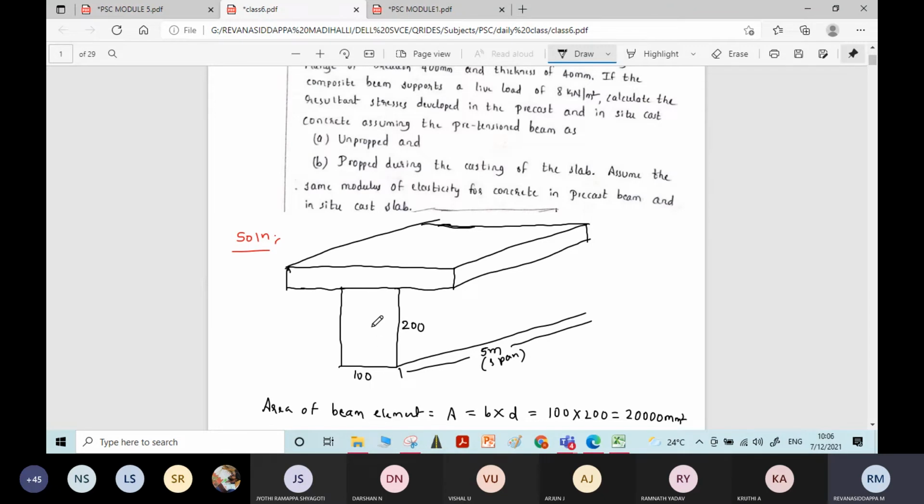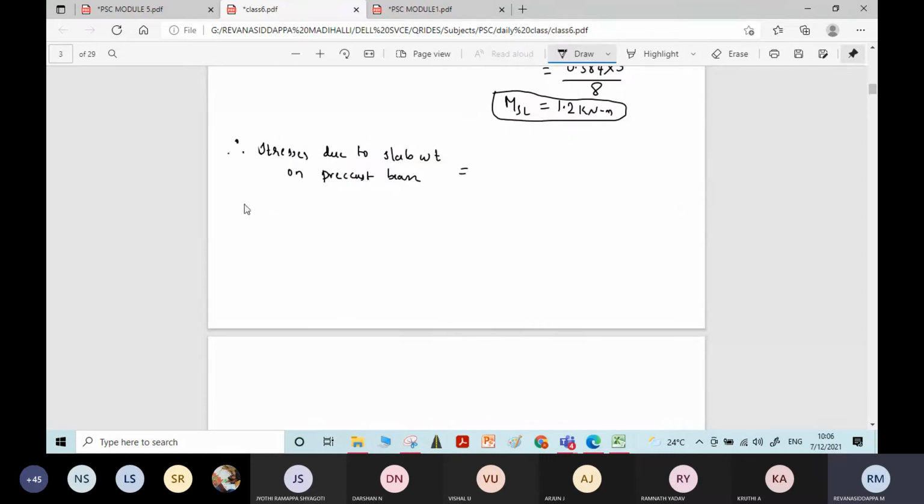So over the beam, the slab weight is taken as dead load on the beam. Okay, over the beam, let me write a small figure. See, this is the beam. Over the beam, there is slab. Okay, the dead load of the slab is 1.2 kilonewton per meter.